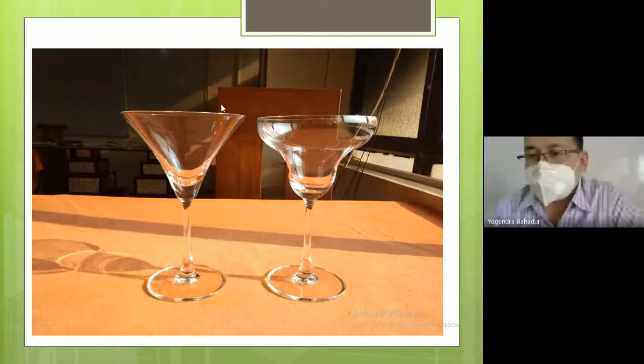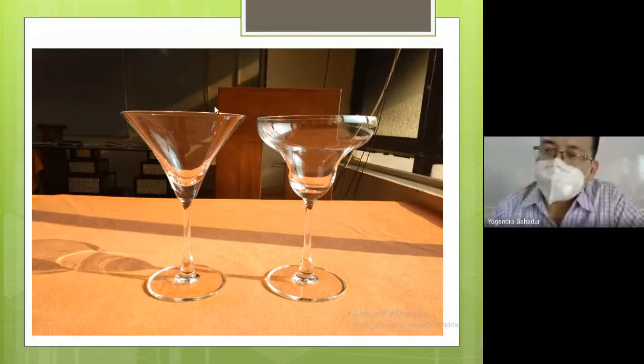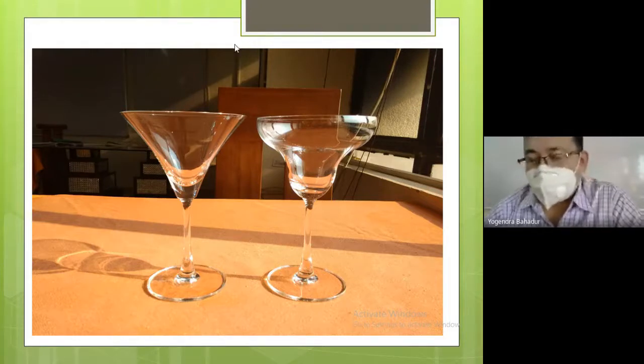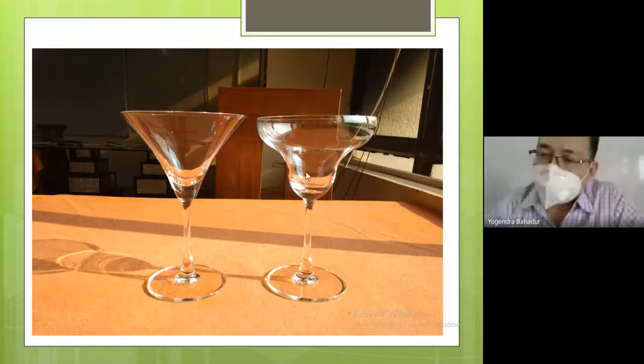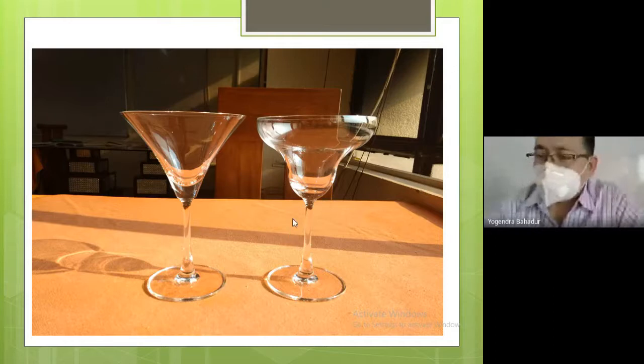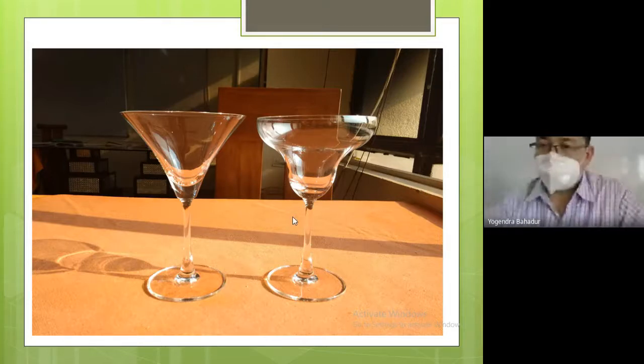As far as its measure is concerned, it is again to be considered as 6 fluid ounce. Whereas on the right hand side, we have Margarita glass. What is Margarita? Margarita is again a type of a cocktail, and as far as its quantity is concerned, it is 8 fluid ounce.